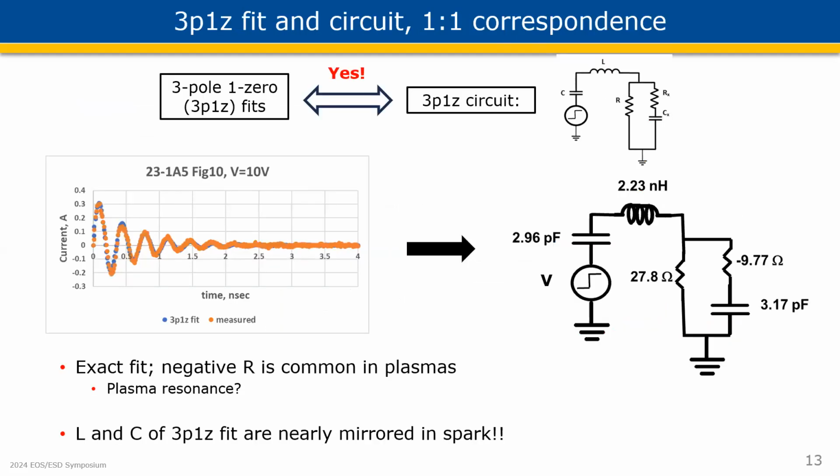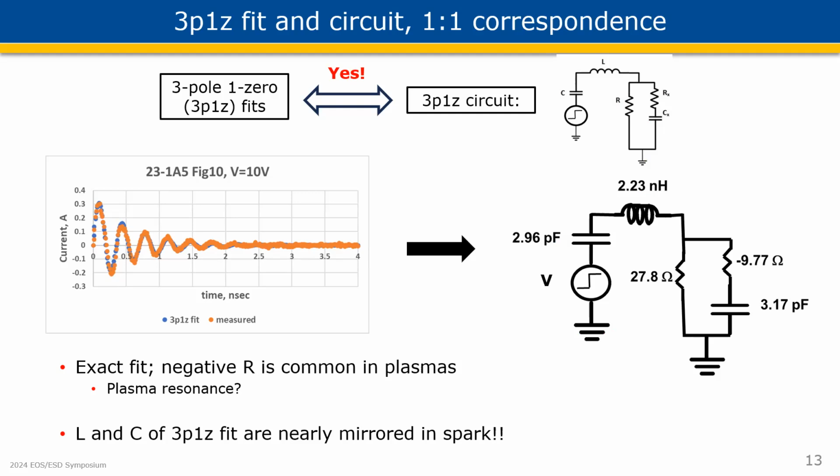But first, let's look at the circuit that corresponds to our 1 nanohenry solution from last year. Our heavily underdamped waveform does have a 3P1Z solution and a circuit to correspond, and here's the circuit. Okay, capacitance as expected, inductance about twice what we are measuring as expected probe inductance.